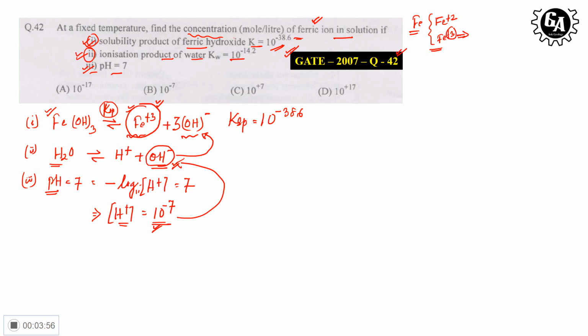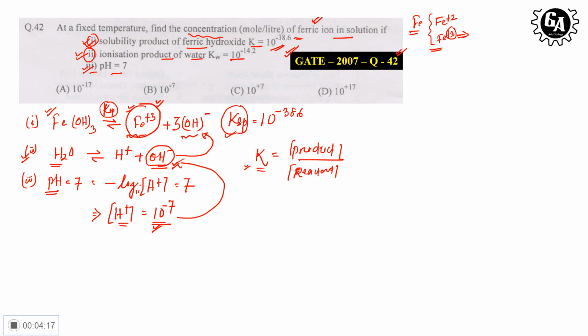And all of you know how the KSP, the solubility product or ionization constant, is calculated: K is equal to the product divided by the reactant. This is how we calculate the K value.